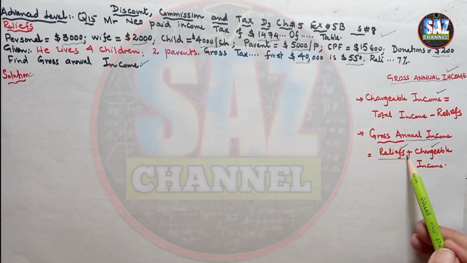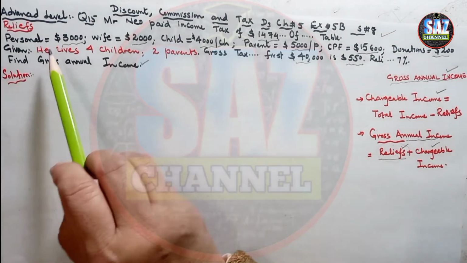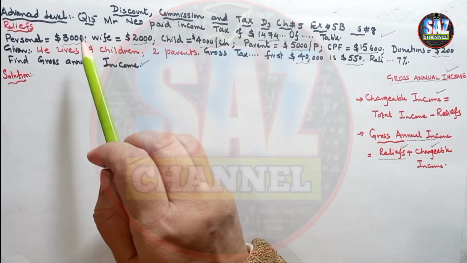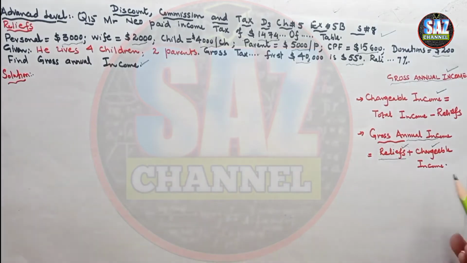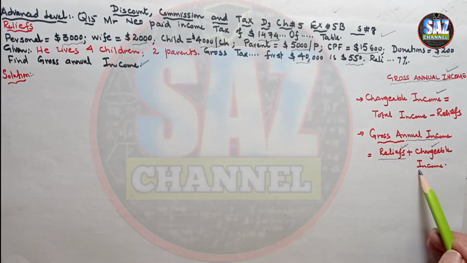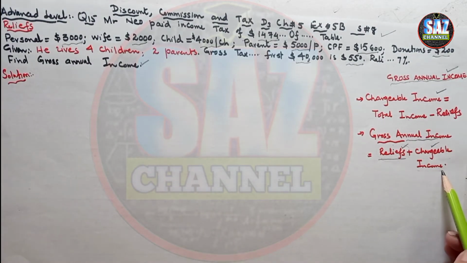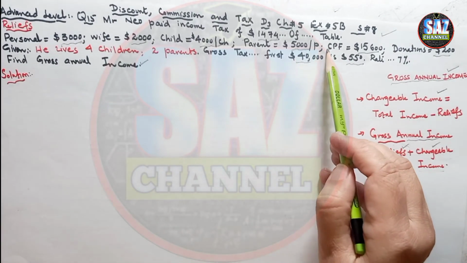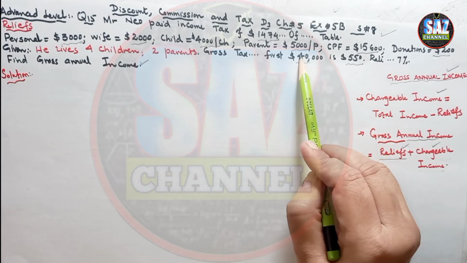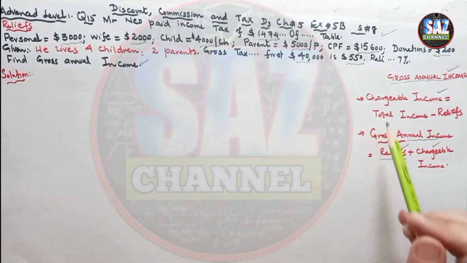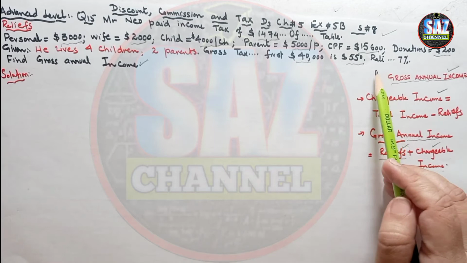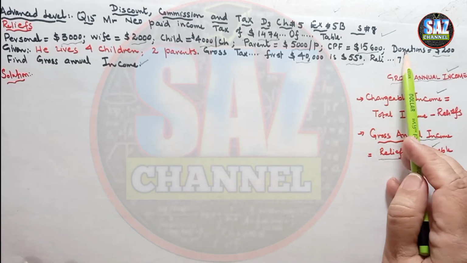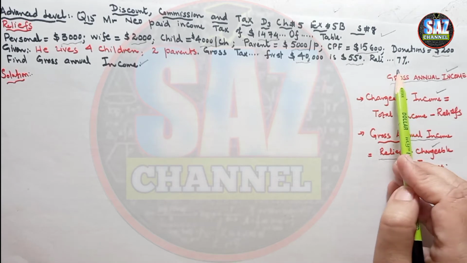Reliefs we can get easily by adding up this information, that is how many children he is having and parents and their reliefs. And for the second part, that is the chargeable income, one of the amounts considered as a chargeable income is 550, and the second chargeable income, we're not given that, but we are given the rate, the percentage of the interest with that.